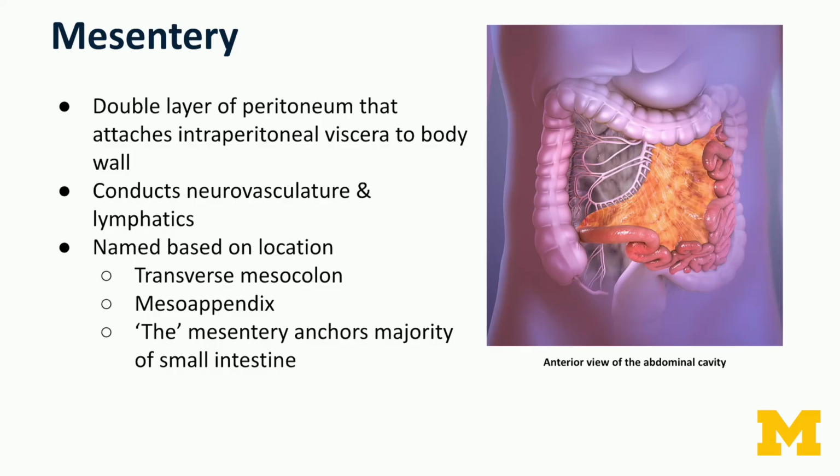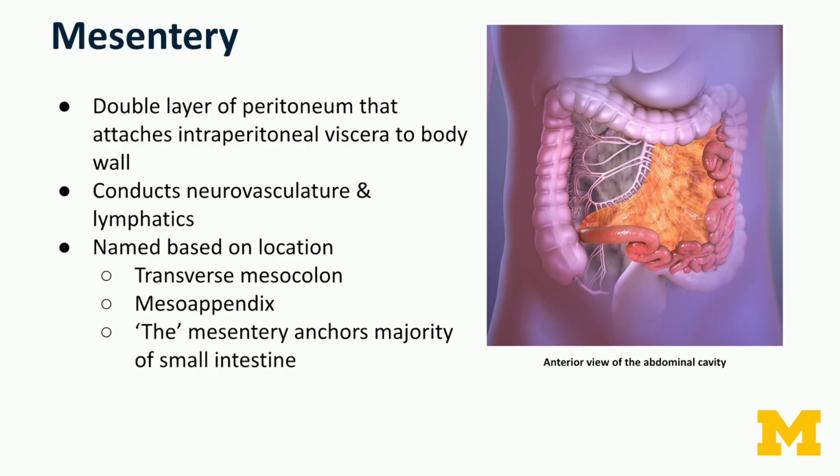So all of that neurovasculature, and let's not forget the lymphatics, is contained between those two layers of visceral peritoneum as it traverses the body wall out to that organ.